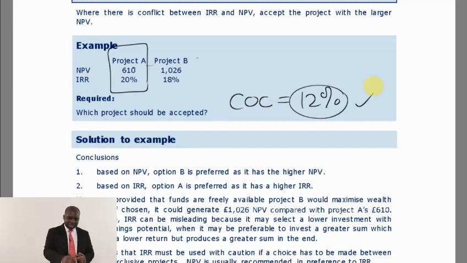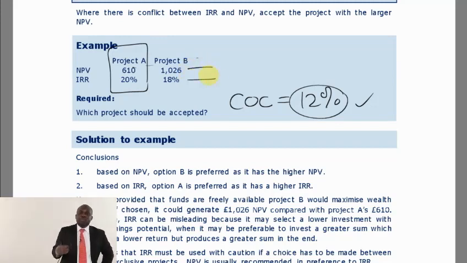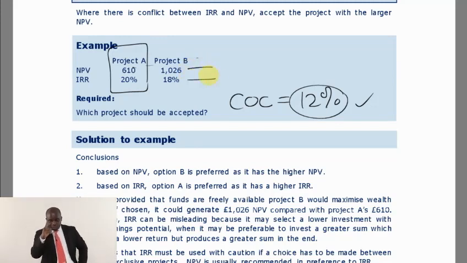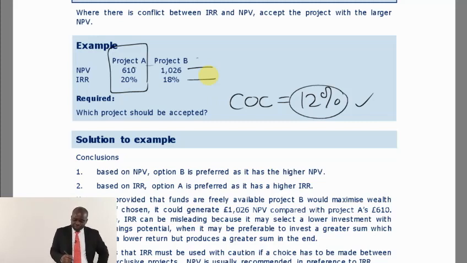As long as you are dealing with individual projects, they shouldn't give you any conflict. Now, if we have to choose, because they are mutually exclusive projects, we have to choose one, NPV will tell you choose B because it's giving you the highest NPV. Internal rate of return will tell you choose A because it's giving you the highest internal rate of return.